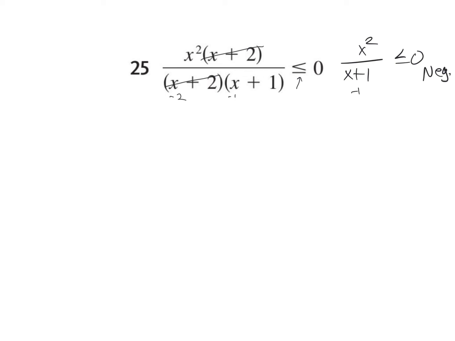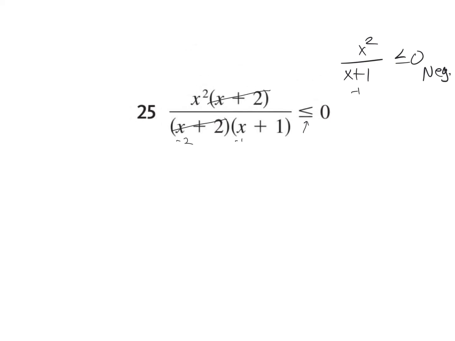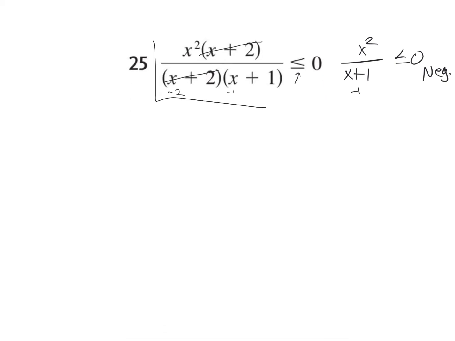All right? So at this point, you need to make sure that you don't eliminate the negative 2. The negative 2 is part of the original problem. So what else is going to make this equal to 0? If the numerator goes to 0, then the whole thing is equal to 0. All right? So that's important as well.